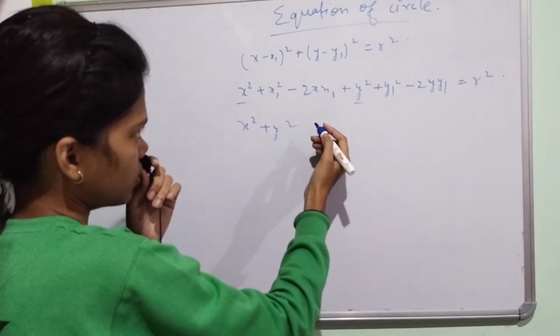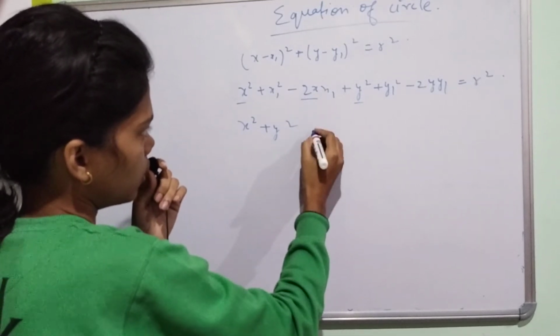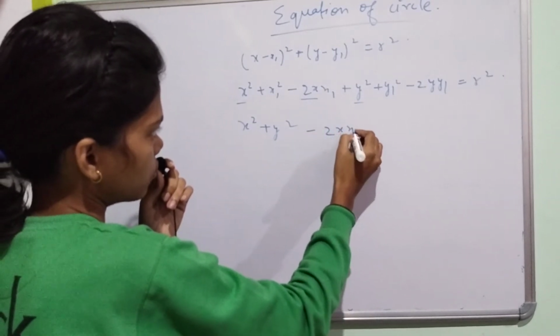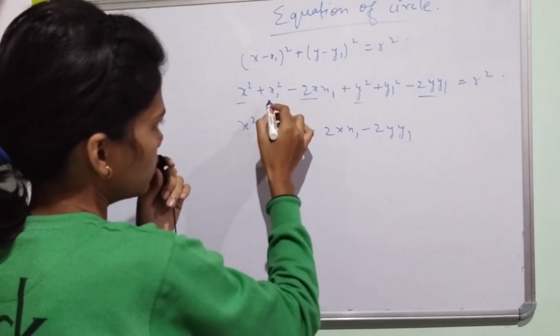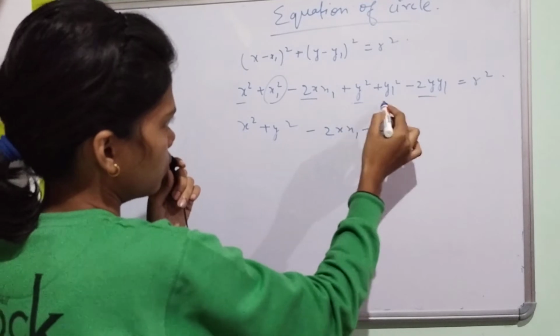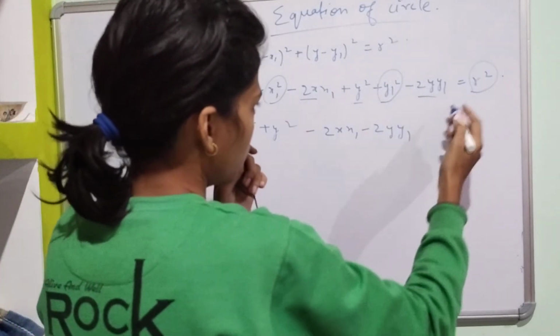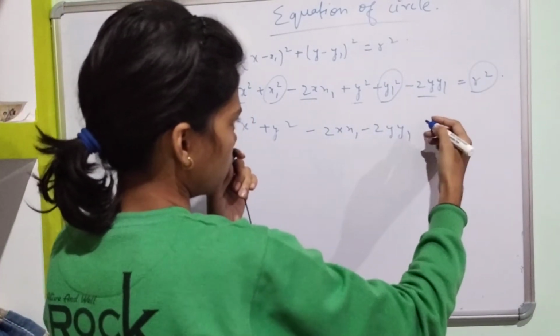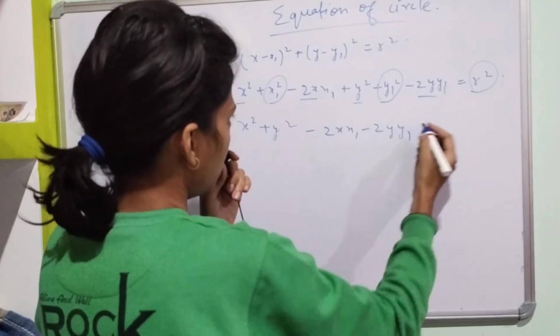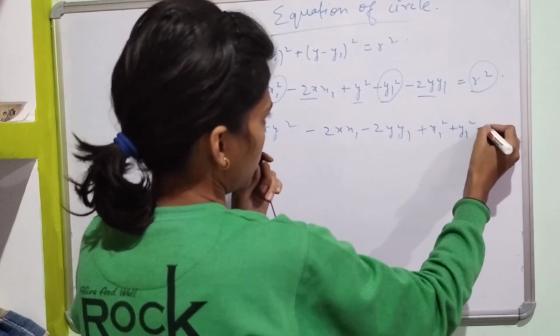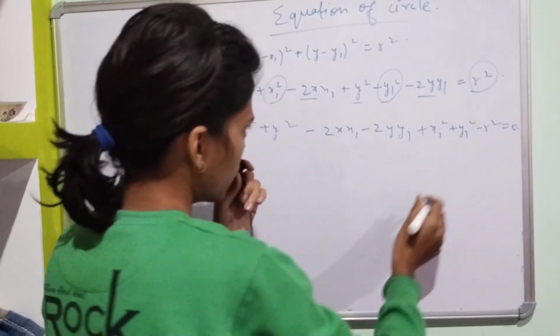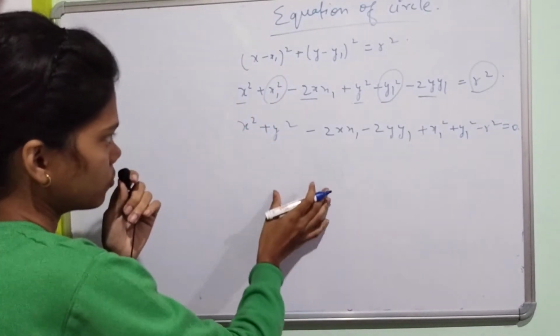And we are taking the coefficients of x and y, so here −2x·x1 − 2y·y1, and these are the constant quantities. We know these are constant quantities, so we can bring them to one side: plus x1² + y1² − r² = 0.